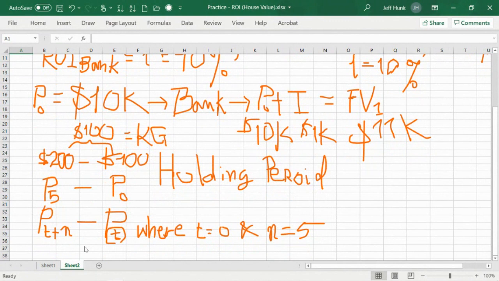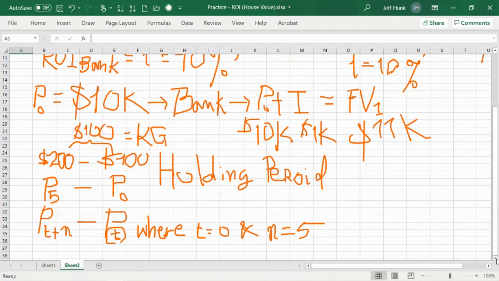Because P0 is in a specific context, right? To say P0, P5, we have to assume an example where we put money in, we bought the stock at time 0 and it will have to be 5 years later.